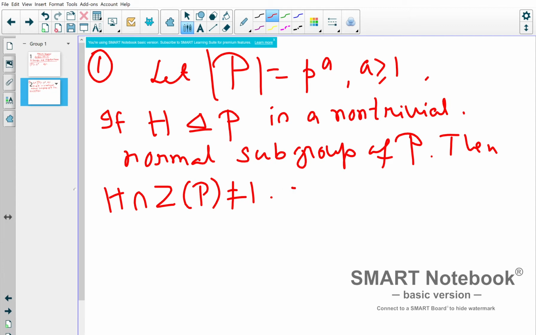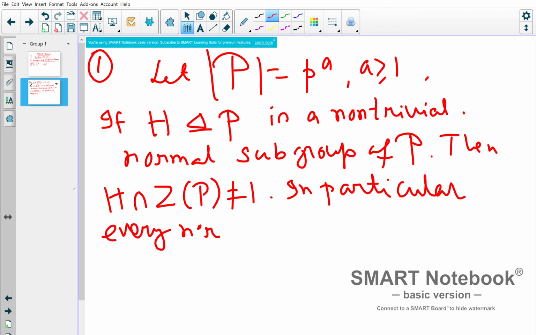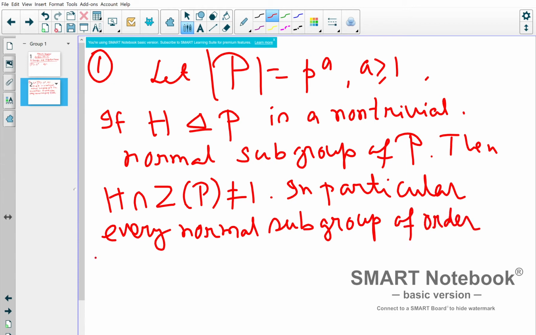In particular, every normal subgroup of order p, small p, must be contained in the center of the group.